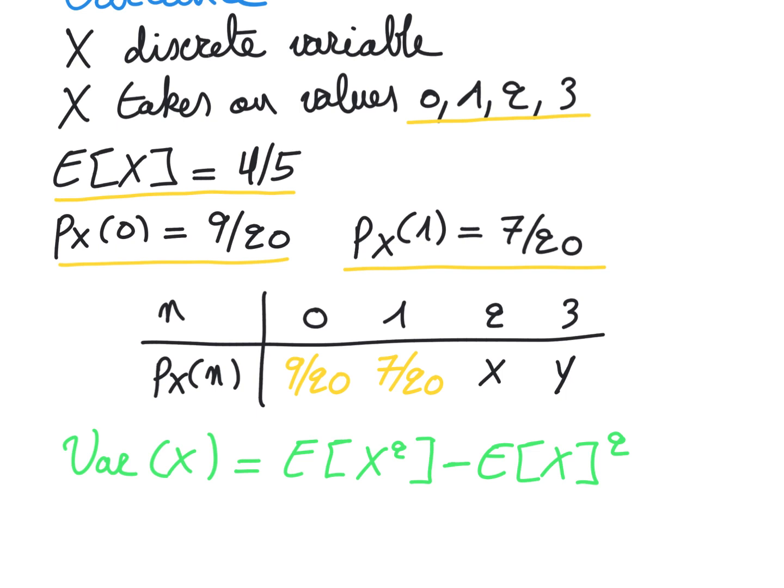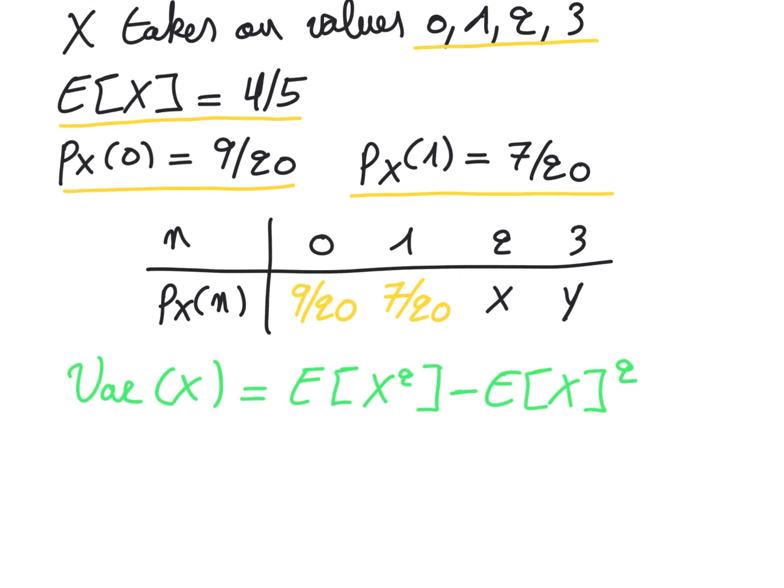Well, first of all, the sum of all these probabilities in this table has to be equal to 1. And the total probability is equal to 1. So that means that 9 over 20 plus 7 over 20 plus x plus y is equal to 1. We also know that the expectation of x is 4 over 5.